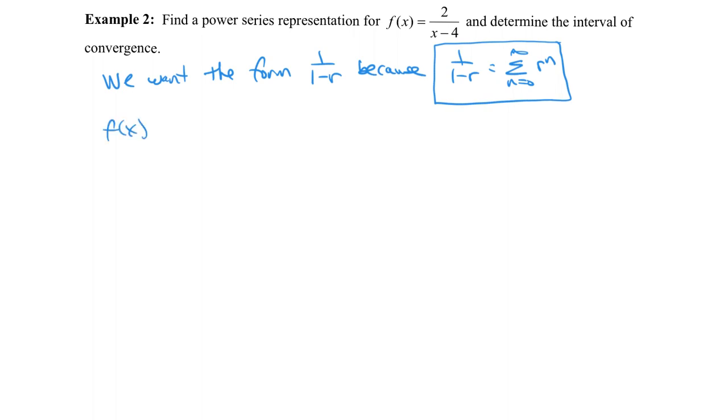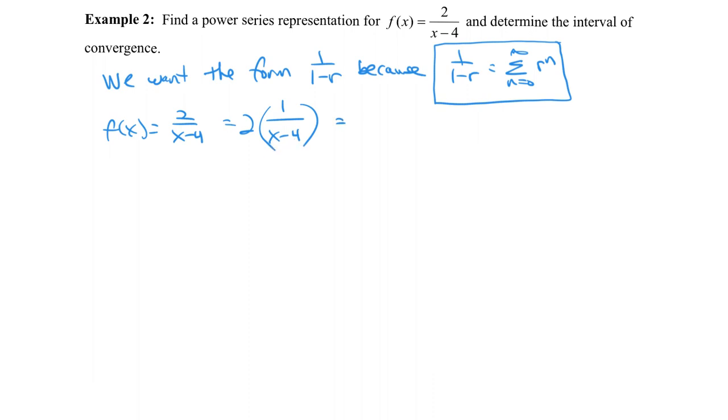So for this one, f of x equals 2 over x minus 4. Pretty easy way to make this be a 1: just like we did before, we can factor that 2 out and we get 1 over x minus 4. Now the other thing we want is our variable to be over here, so we need to reverse these. I need the constant on this side.